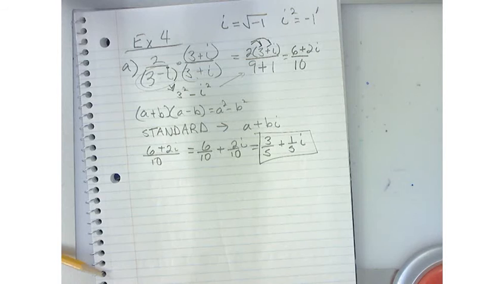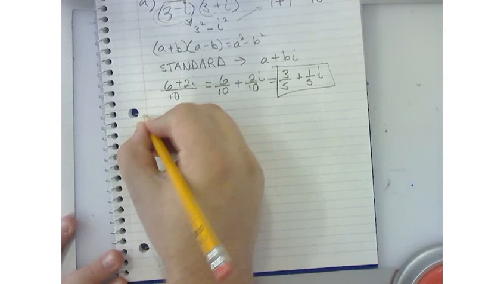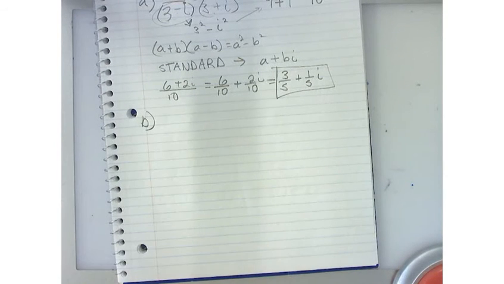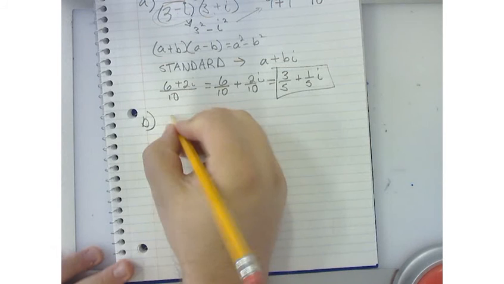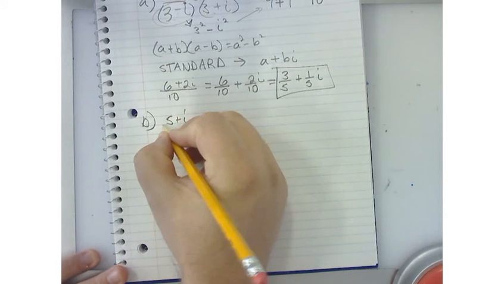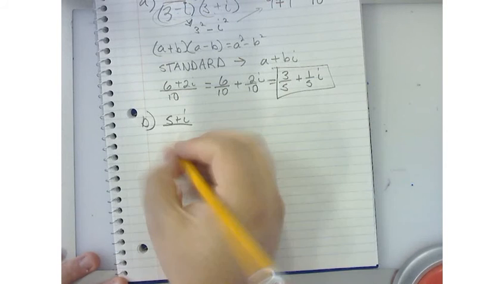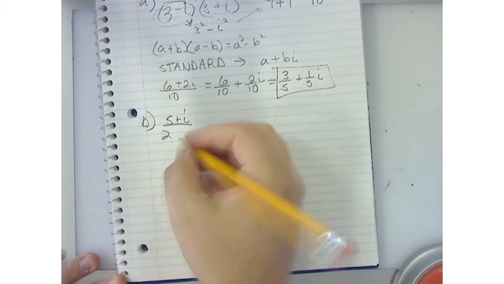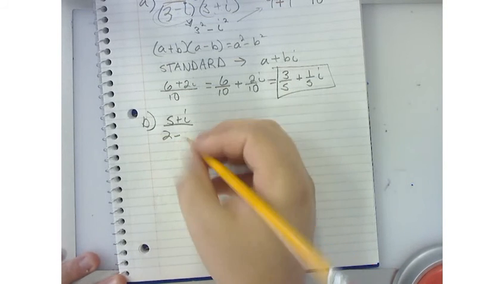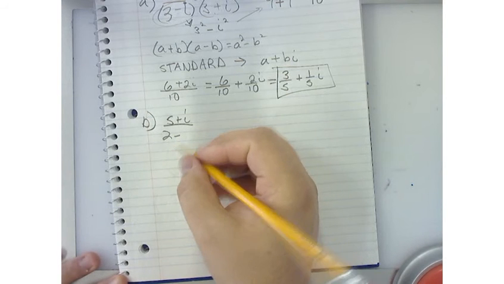Let's do one more just for good measure. For part B, they say, all right, you guys think you're smart, let's see what you do with this rational expression. Ironically, this is a rational complex expression.